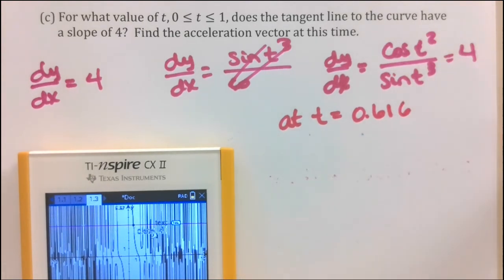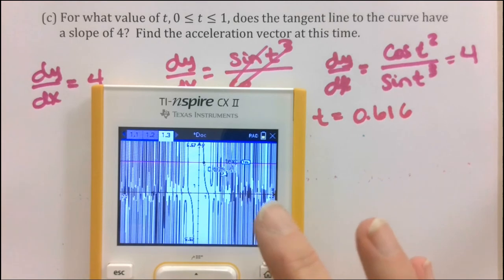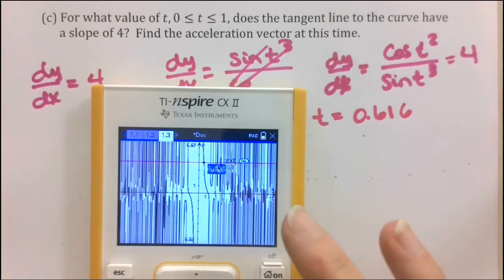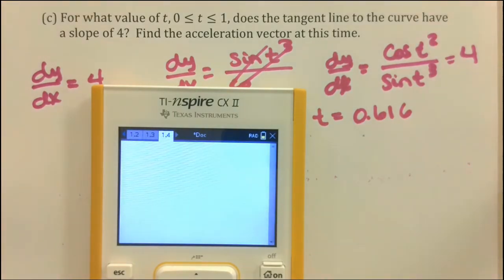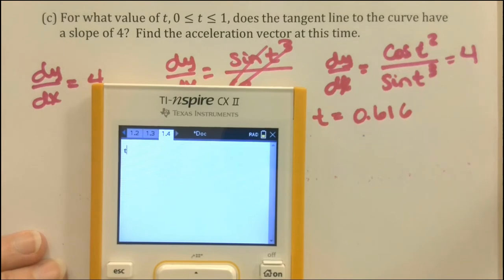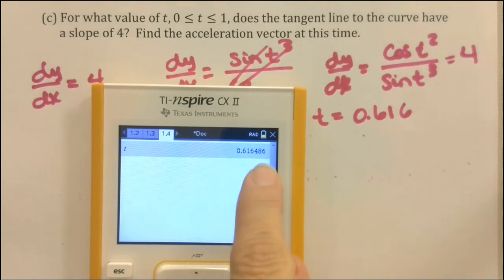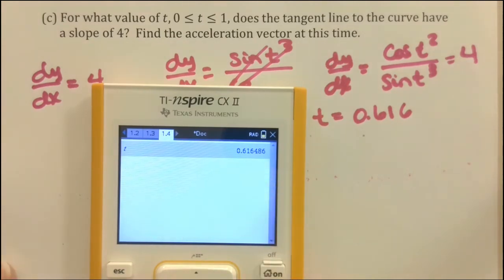So what I'm going to do here is click on that x coordinate, and we're going to save it as a variable. I'll call it t. That's our time. Enter. Now I'm going to go to a calculator page. I'll just add a new page here. And if we want to check, I'm going to type in t, and you can see now I've got more decimal places for that point. So we're preserving the accuracy.